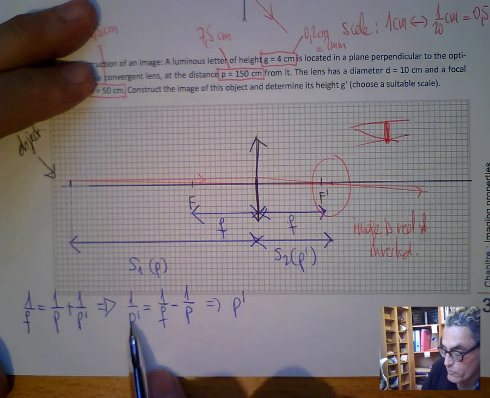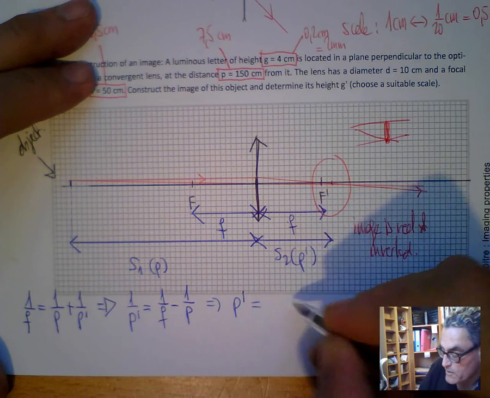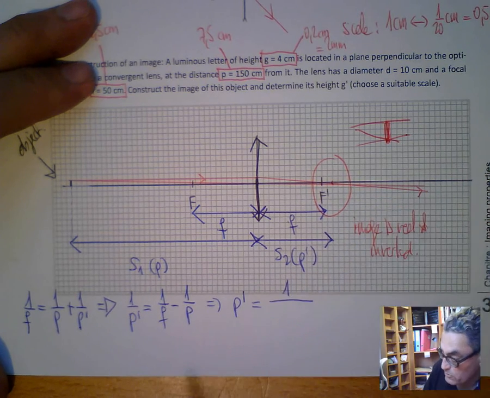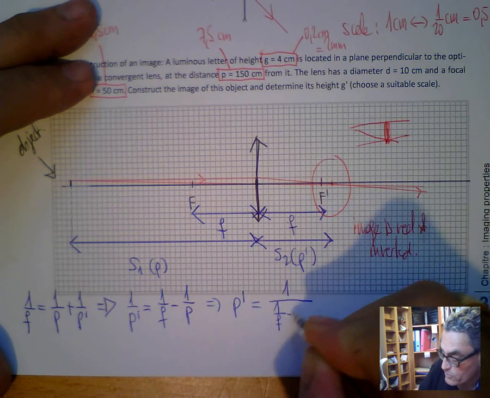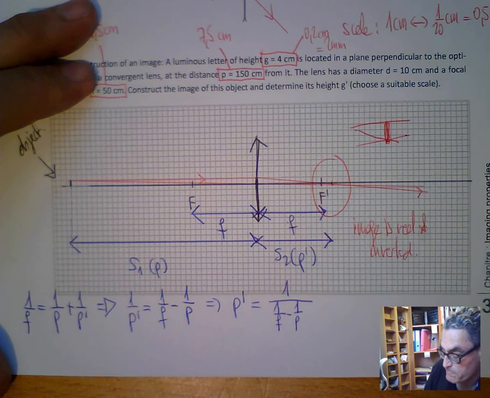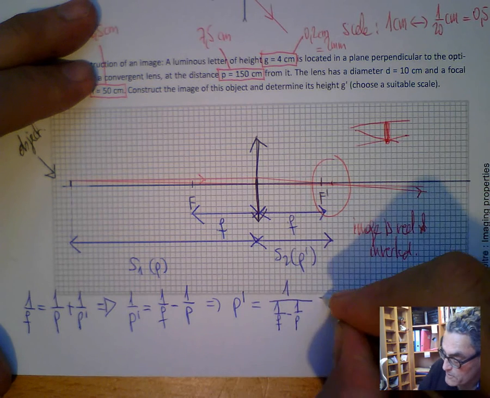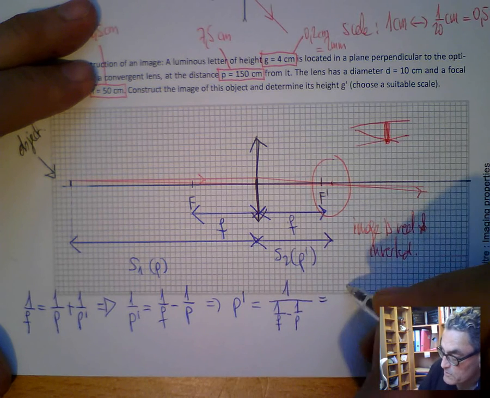So p prime is 1 over, and on the other side you are not allowed to simplify anything, 1 over f minus 1 over p. Okay? We agree with that? Yeah, good.